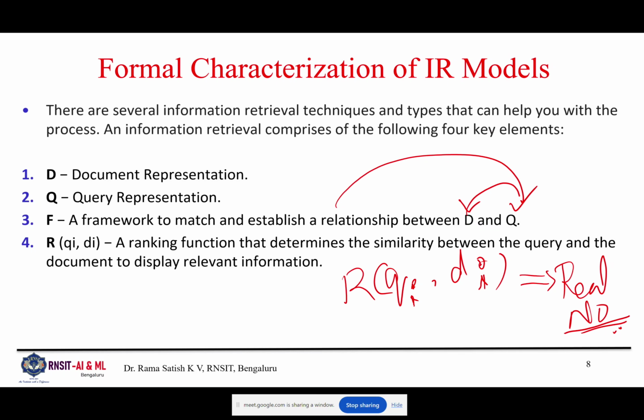Here Q of i belongs to Q, a set of queries, and in the same way D of i belongs to D, the set of document representations. So when you send any query and document, what happens?